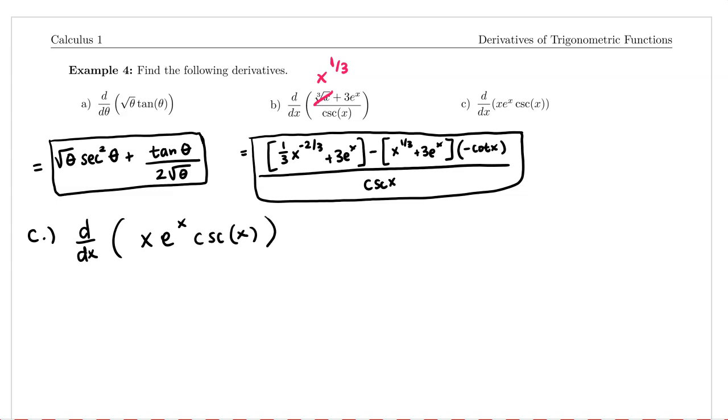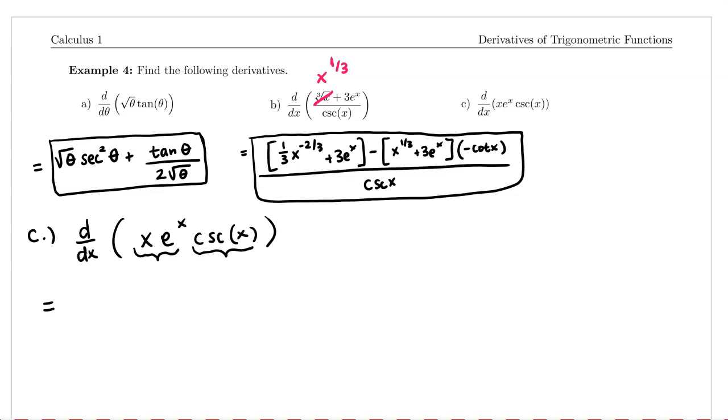And if you notice here, this is the product of three different functions. And so what we're going to do is think about this thing as my first function, x times e to the x, and then I'll think about cosecant as my second function, but I'm going to end up needing a good amount of product rule.